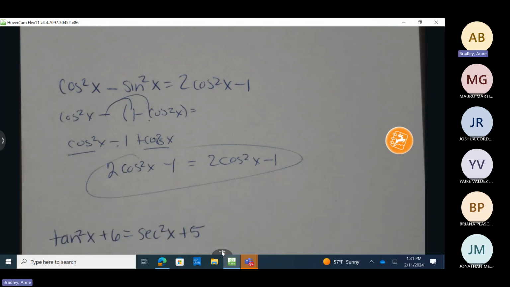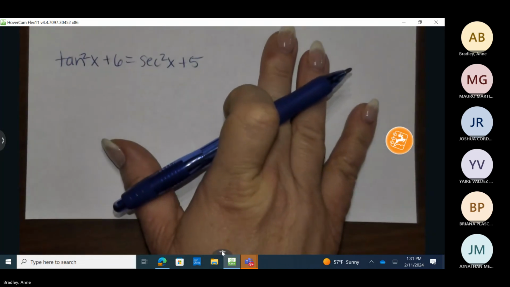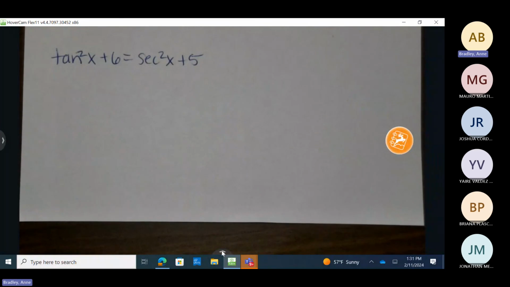Okay, here's your last one. I'm not going to give you any helpful hints. Let's see what you can do. Some of you may be done with this in 10 seconds. Don't say the answer, but when you're done, can you please go into the chat and just write the word done?